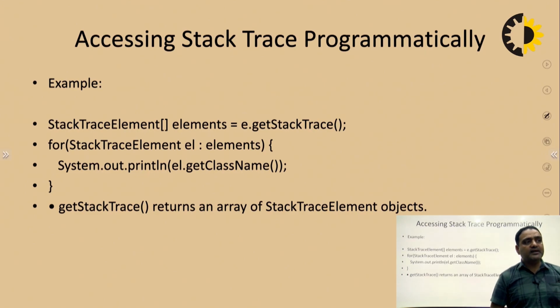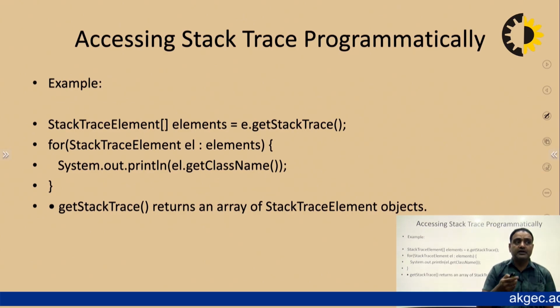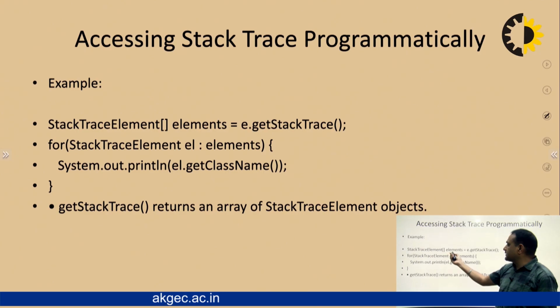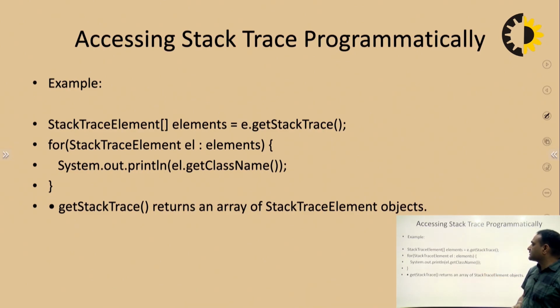Here you can understand that elements is an array, a 1D array in which multiple different objects are stored, and these objects belong to StackTraceElement. The 1D array is named elements, and it holds different objects that have different information, returned by the e.getStackTrace method.